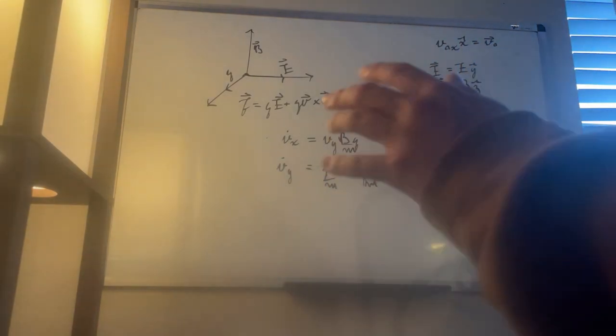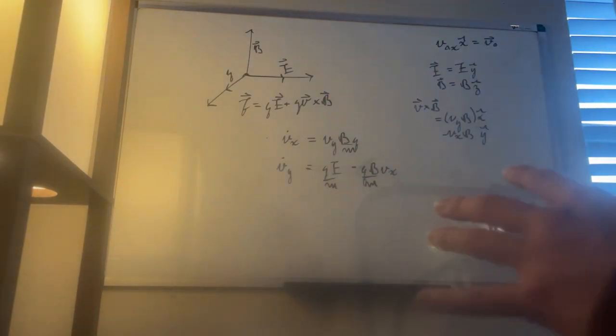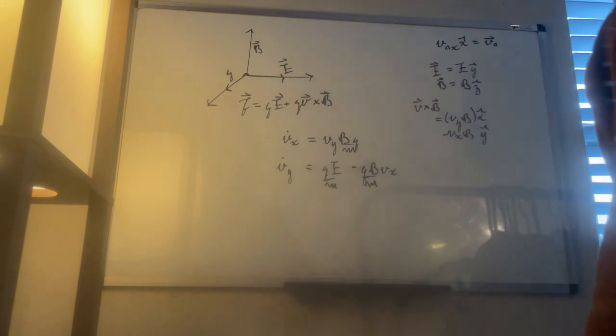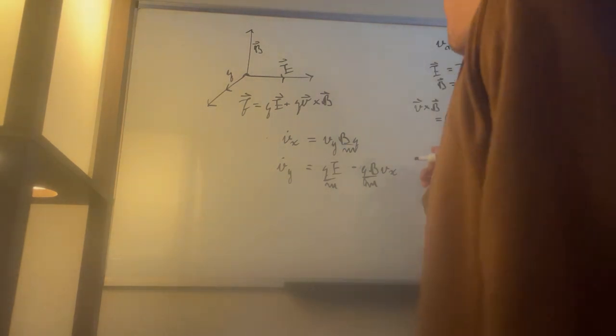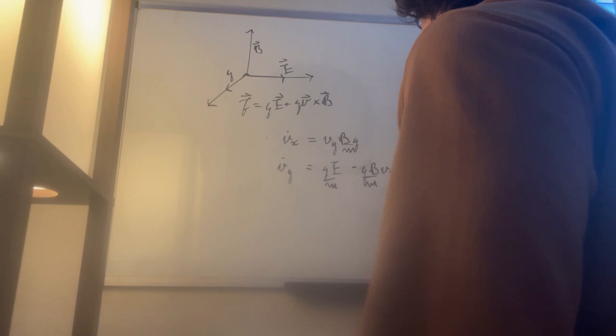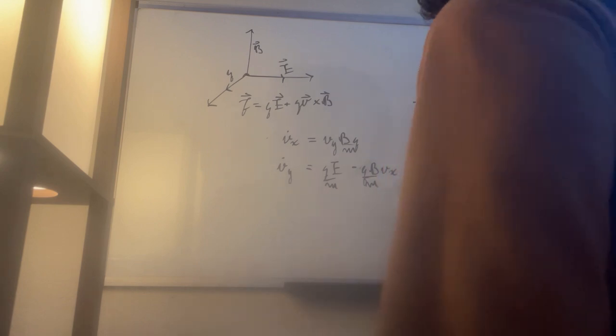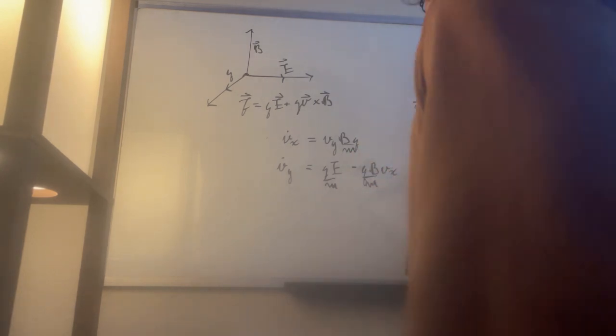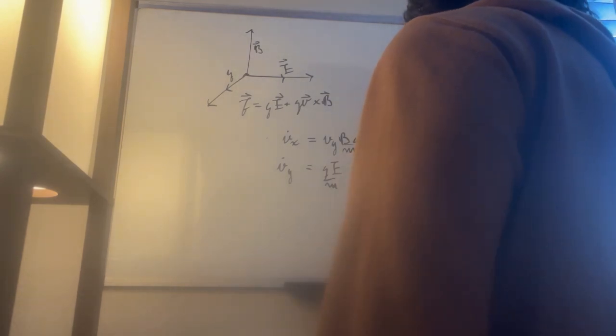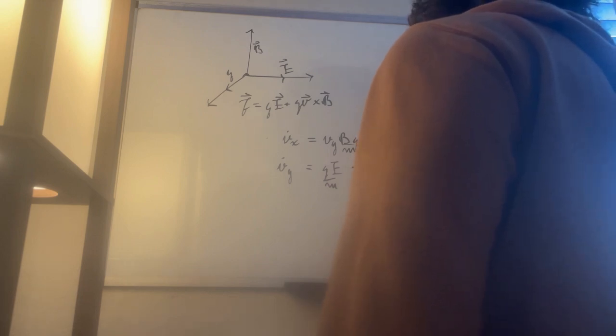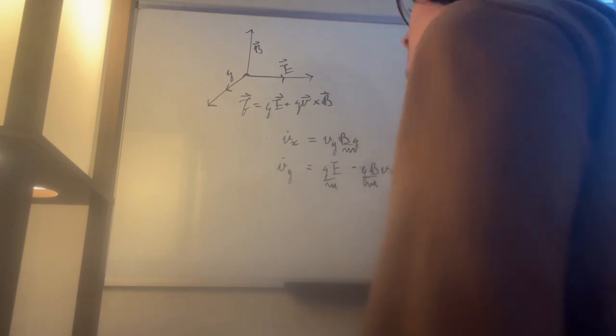All right, and then I'm going to define new quantities just for the sake of writing less. I'm going to define omega naught as equivalent to the charge times the magnetic field divided by the mass, and I'm going to define omega 1 as equivalent to the charge times the electric field divided by the mass.